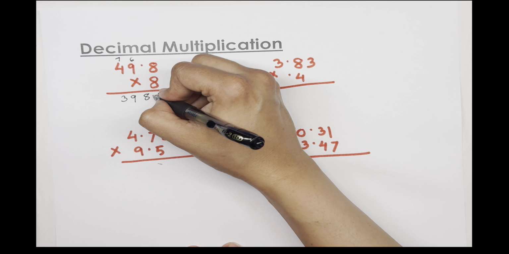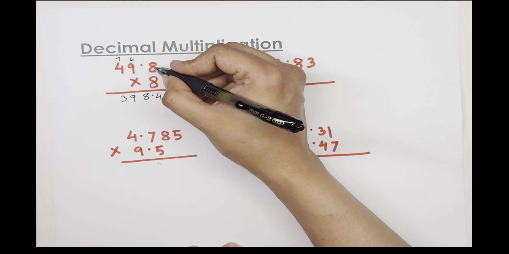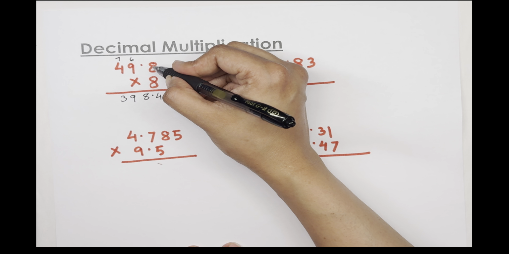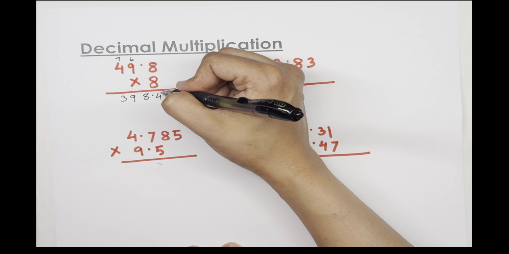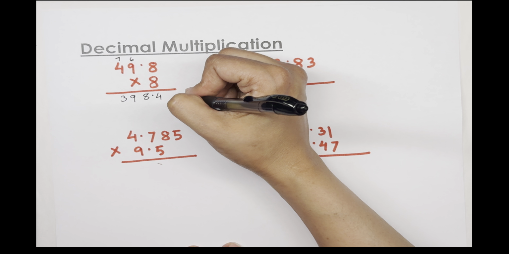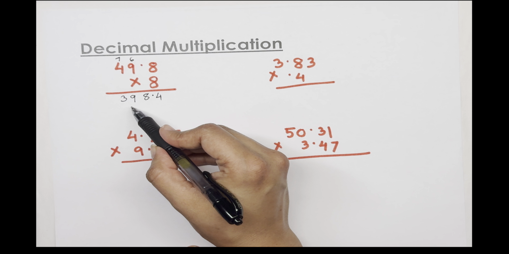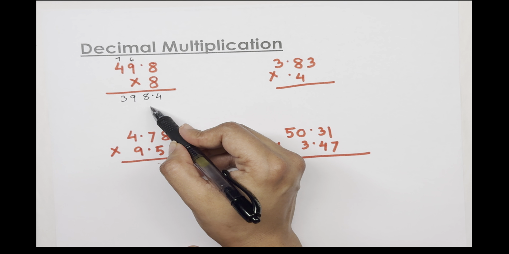First you have to multiply 498 into 8. After getting the product, you have to think about how many digits are there after the decimal. Here there's one digit, so after one digit from the extreme right, we are putting the decimal. So the number is 398.4.